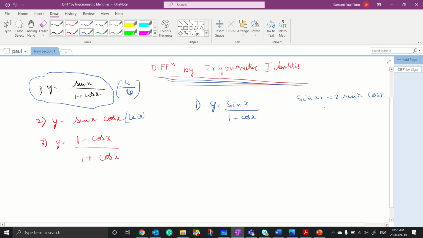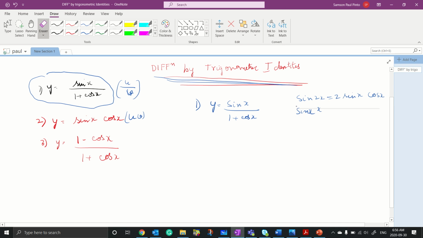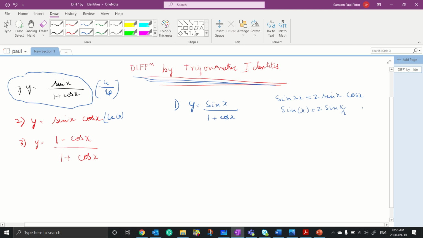In place of 2x, if I put x, then sine x would mean 2 sine of x by 2 cos x by 2.